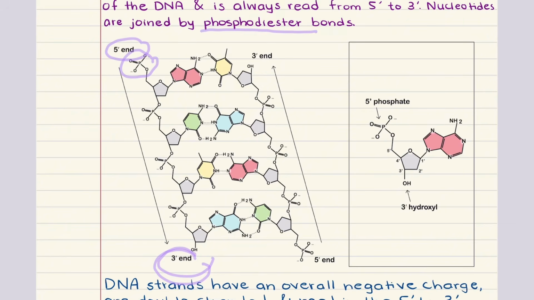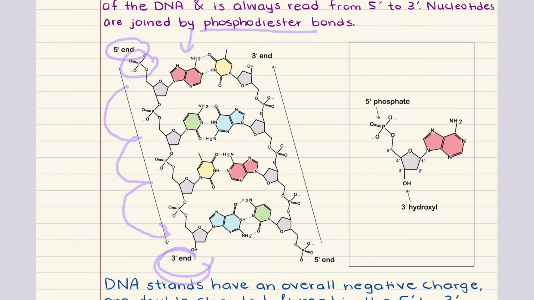This bond links the 3' hydroxyl group of one sugar to the 5' phosphate group of the next nucleotide. And this linkage repeats again and again, and it forms a strong, stable backbone with all of the nitrogenous bases sticking out to the side, like rungs on a ladder.